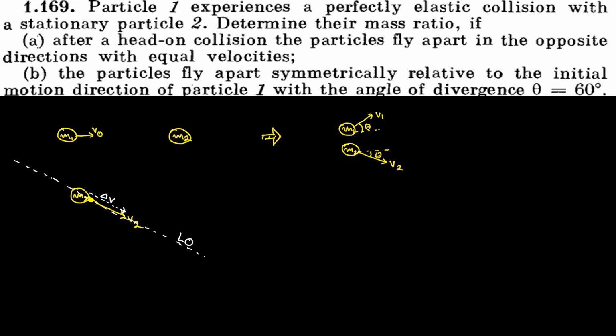We'll apply our entire equation in this coordinate system, along the line of collision and perpendicular to the line of collision. Now see, this was the line of collision, making 30 degrees with the horizontal. This is the line of collision making theta degrees with the horizontal, and this is perpendicular to the line of collision.